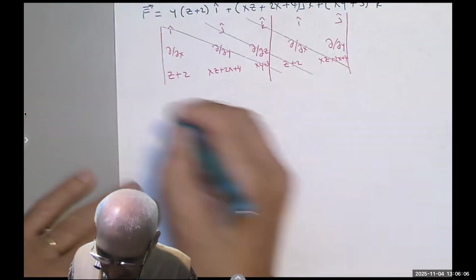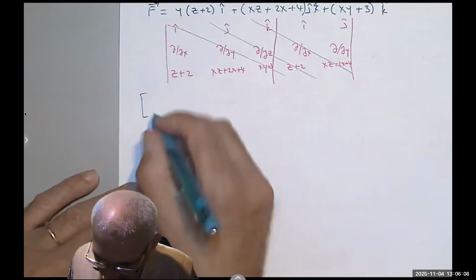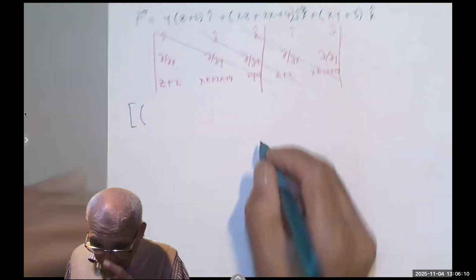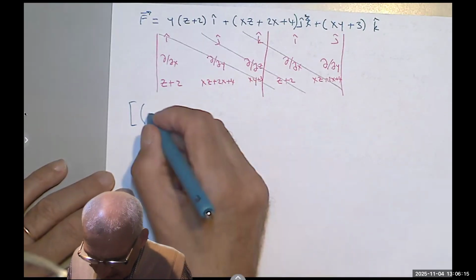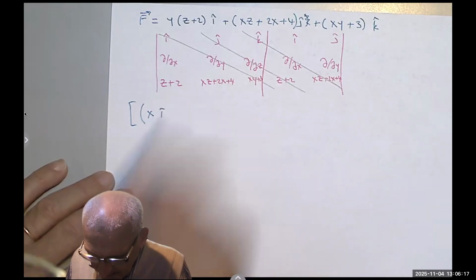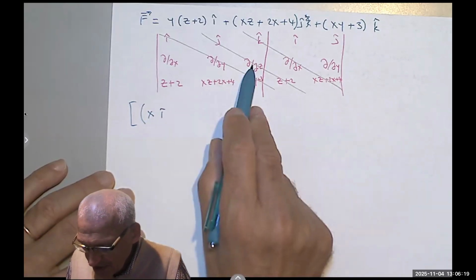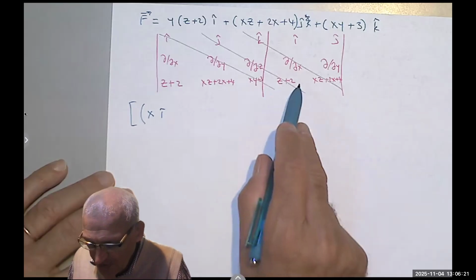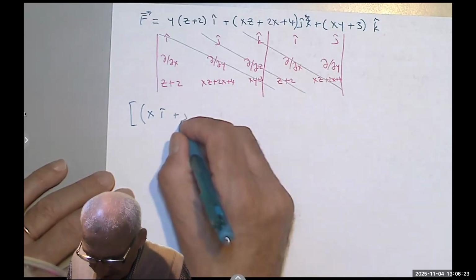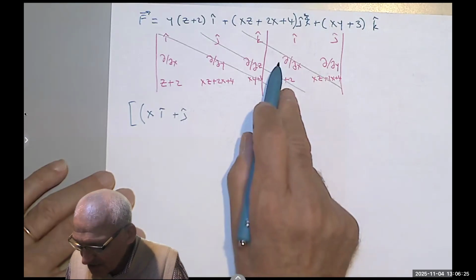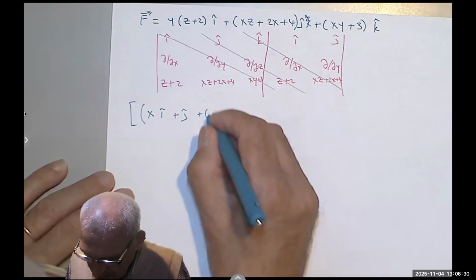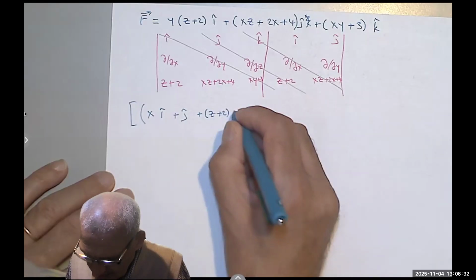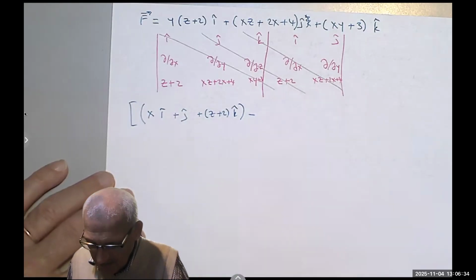So let's start with the first pair of parentheses. Partial y of xy plus 3 is simply x, so xi. Then partial z of xz plus 2x plus 4 is x, so plus xj. Partial x of that, you get z plus 2, and that's the k, minus.